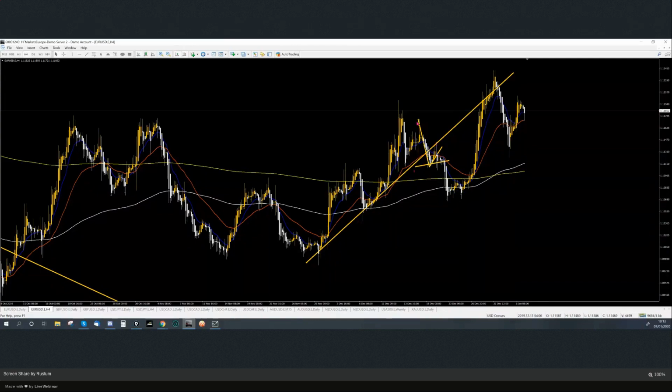And then also to add further confluence to our idea, we have a trend line coming down like this. So we would be looking for another entry in that area up there, to add to our position that we have taken up here.